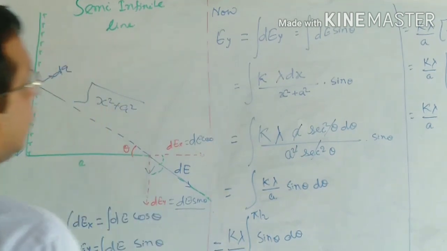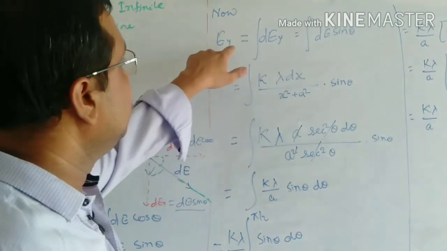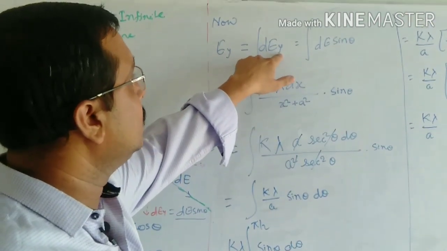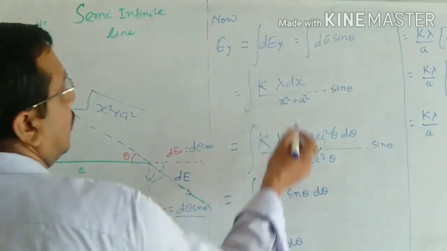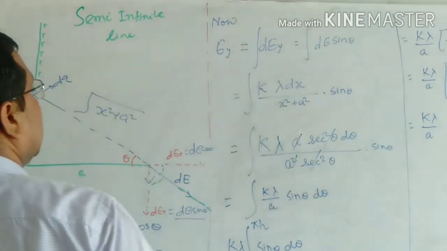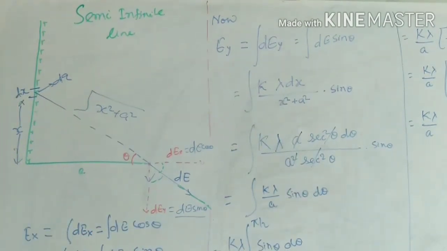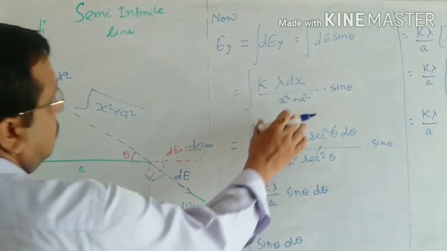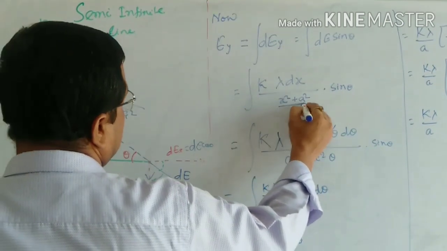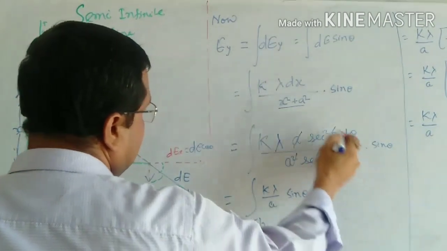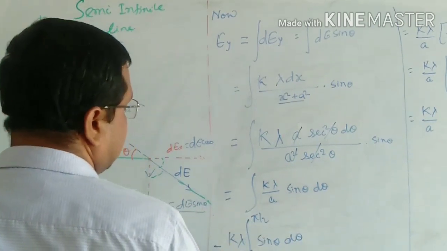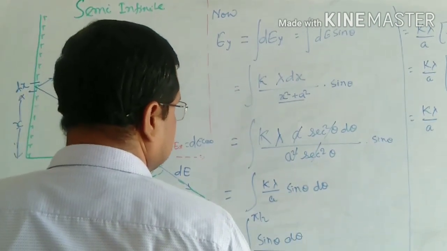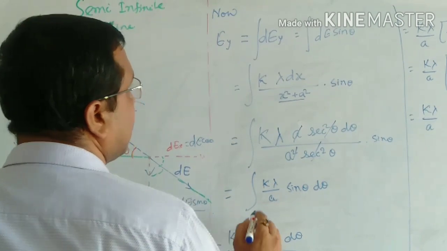So for calculating Ey, that will be the integration of dEy, and what is the value of dEy? dE sin theta. So again dE means k lambda dx, that is dq by r square. r square is x square plus a square, and the calculation we have seen is k lambda by a sin theta d theta from 0 to pi by 2.